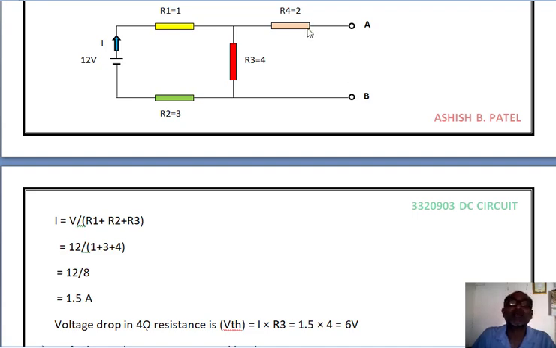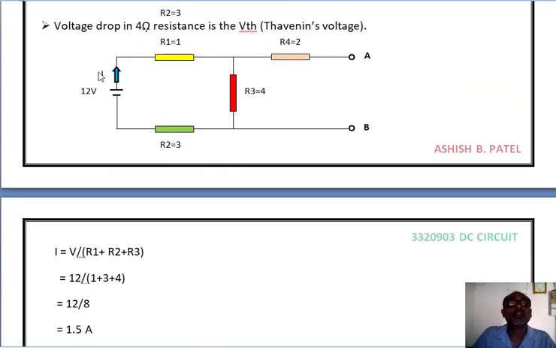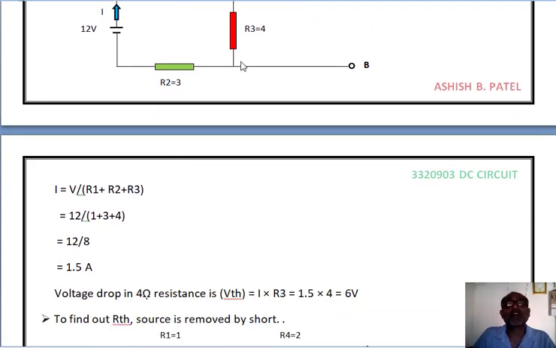Here it is open, that means there is no current. So the same amount of current passes through R1, R3 and R2, because they are connected in series. So this 1.5 ampere current passes through R3.